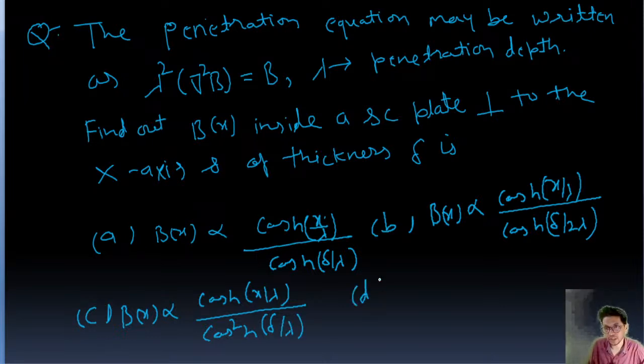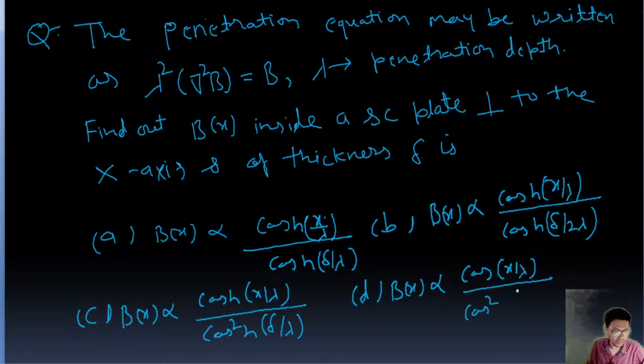And option D is Bx proportional to cos x by lambda upon cos square hyperbolic delta upon 2 lambda. So this is the question, guys. Very good question. I'll read this question for you.